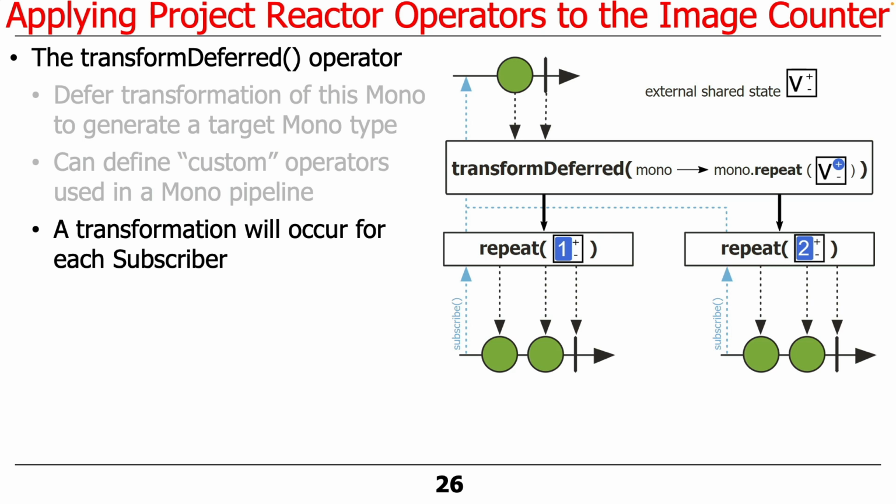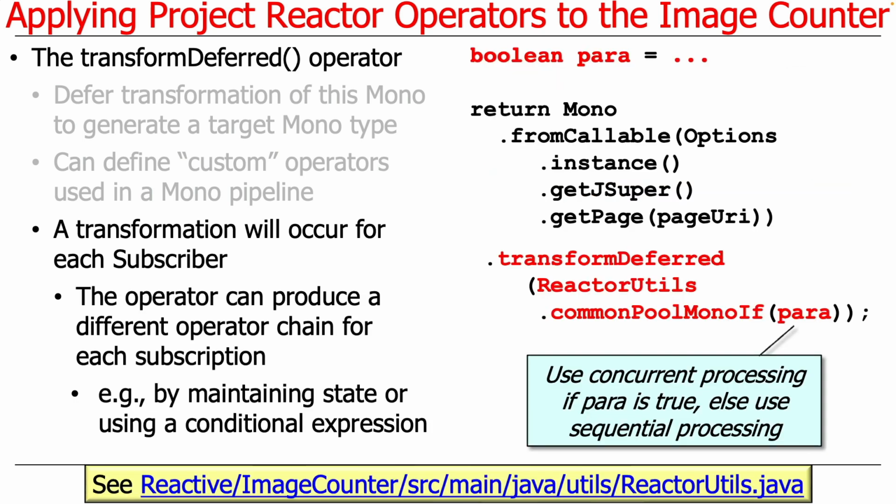So the transformation will occur for each of the subscribers, and you can have basically a different operator chain for each subscription. And in this particular case, we could actually set things up in a very cool way to decide at runtime whether or not we want to do the processing concurrently or sequentially. So it's very, very dynamic, very lazy, and that's another way we can do that.